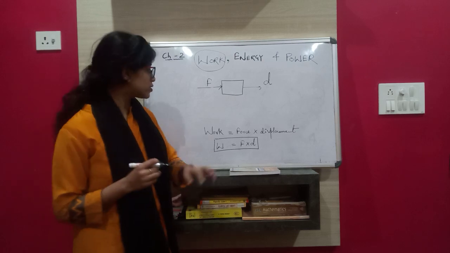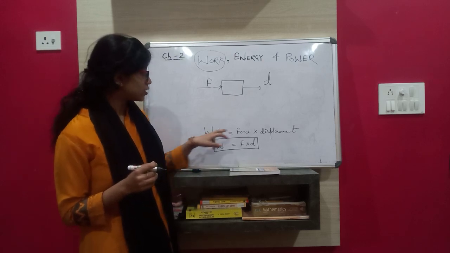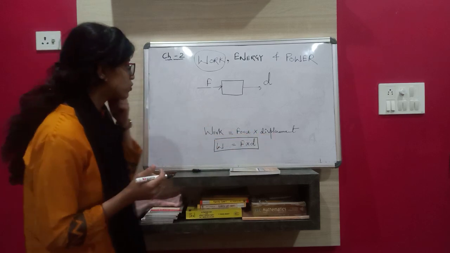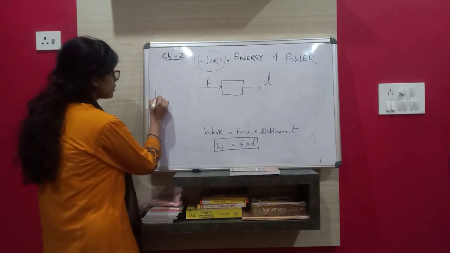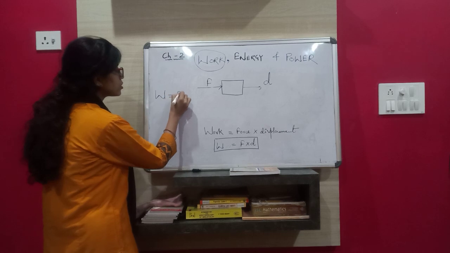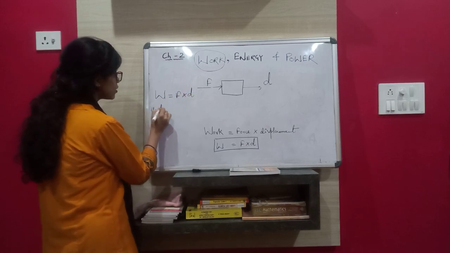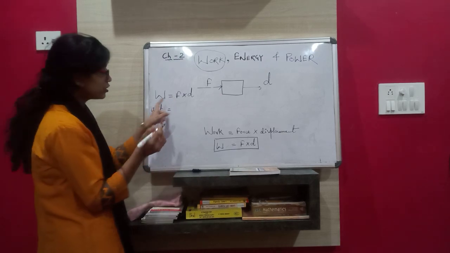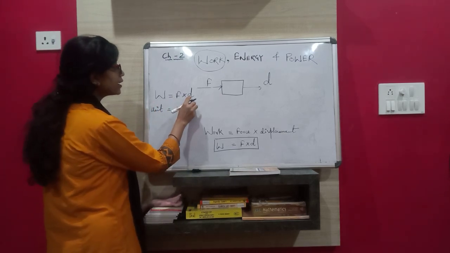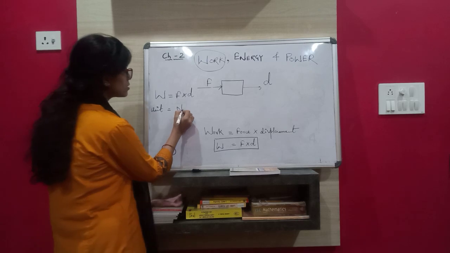Before that, if you see here, work is equal to force into displacement, W is equal to F into D. If you want to see the unit of work, F is in Newton and the SI unit of displacement is meter.